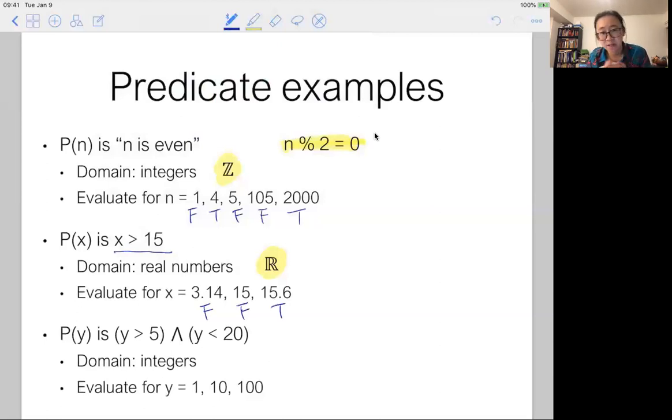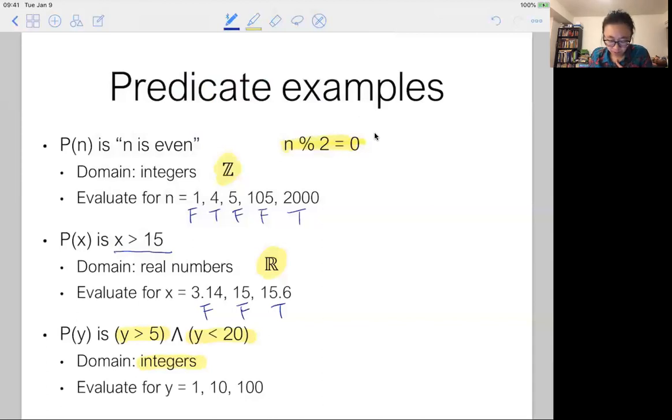The next one has a more complicated proposition as part of the predicate. The predicate takes the input y and asks: is y bigger than 5 and is y smaller than 20? Again, the domain is the integers, and we can evaluate for a few integers.